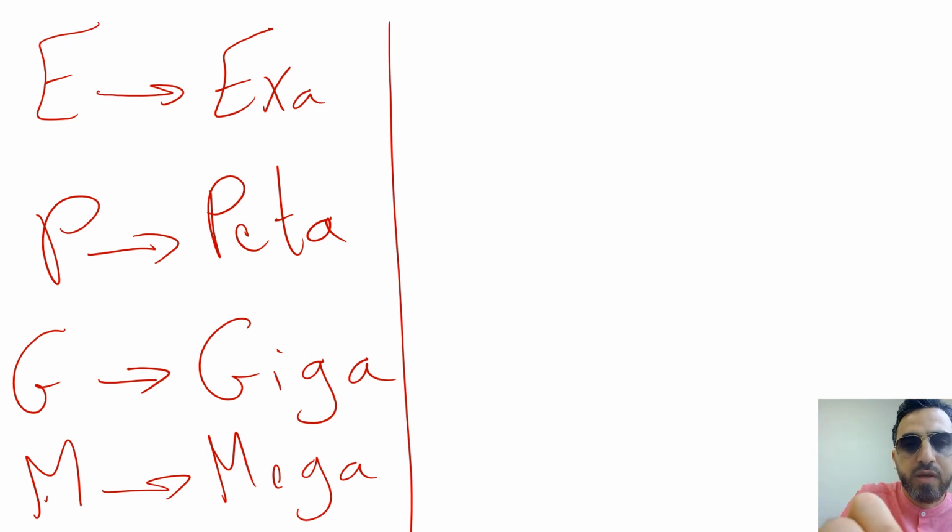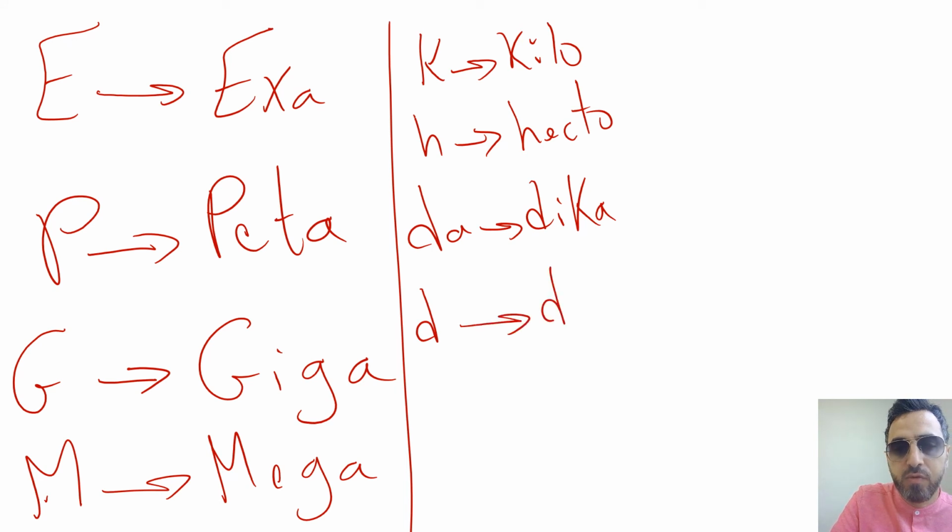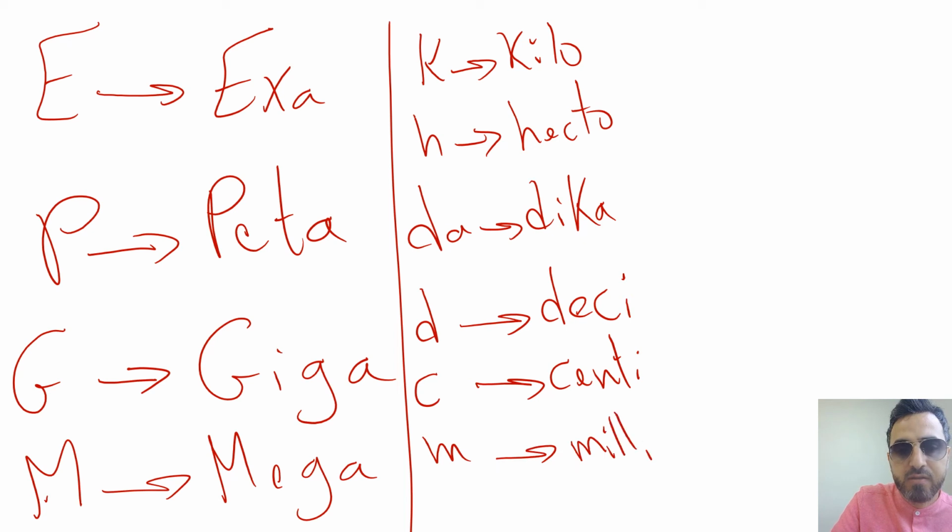Next, we have k for kilo, h for hecto, da for deca, small d for deci, c for centi, and m for milli.